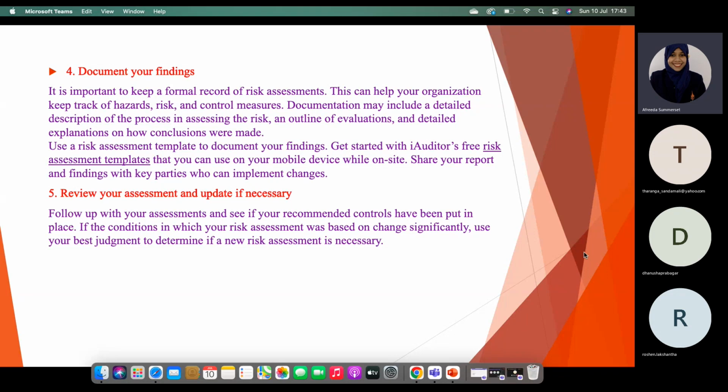Okay, so you follow up with your assessment and then you see what controls you can bring in to mitigate this risk significantly. When you come to COVID, you see that by hand sanitizing, by sanitizing the workplace, by wearing double masks, the spread of the disease is slowly going down.